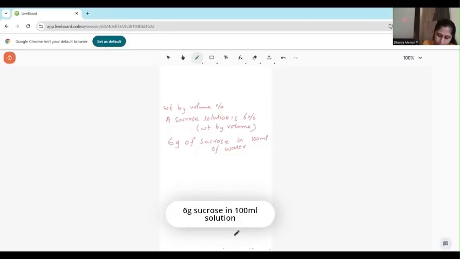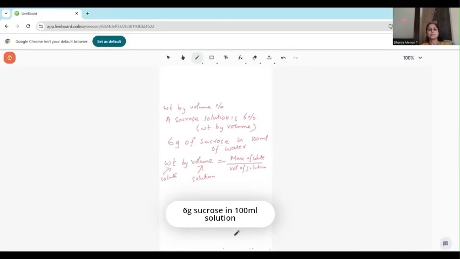So weight by volume: this one is the mass of the solute, this one is the volume of the solution, which comes to mass of solute over volume of solution times 100.